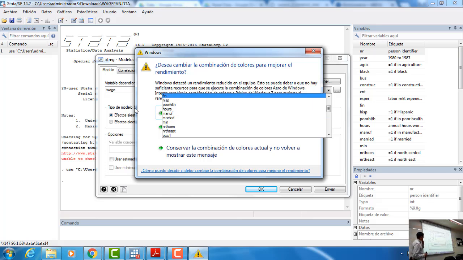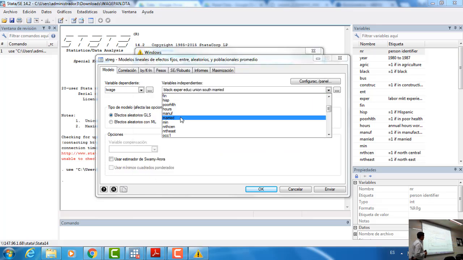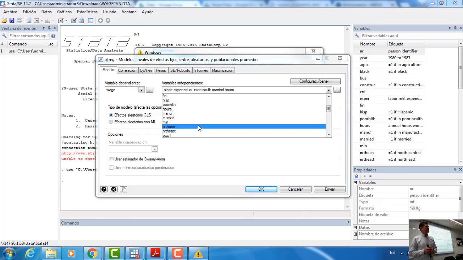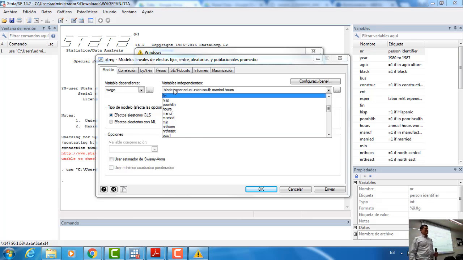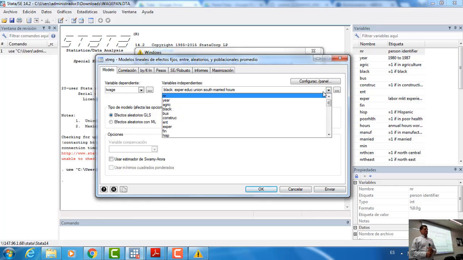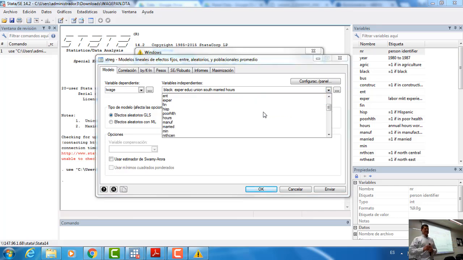So do you have any other possible important variable? Hours? Hours is maybe important because why? Why hours? No, you have to say it in a loud voice. It's the opposite.